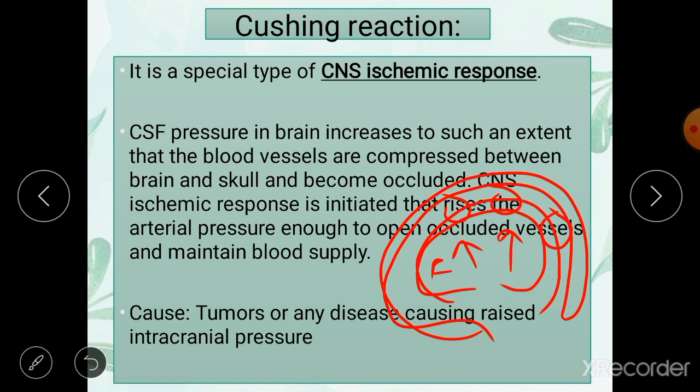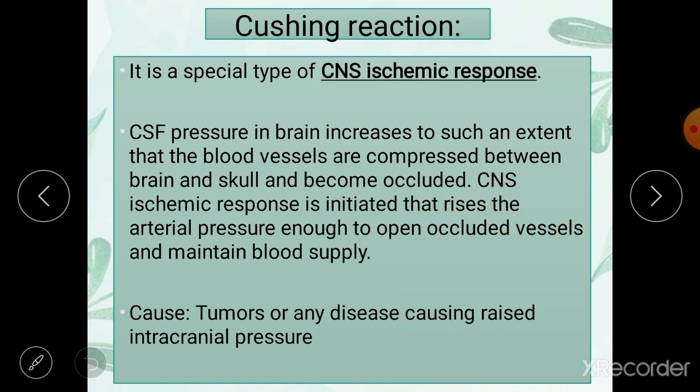What this is going to do is it is going to occlude these blood vessels which are present between the brain and the skull. So whenever there is raised intracranial pressure, your blood vessels are going to be squeezed against your skull, and they are going to be occluded, and they will not be able to supply blood to your brain tissues, especially your vasomotor areas.